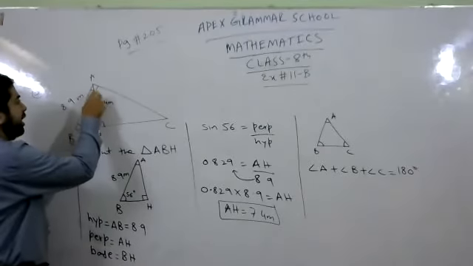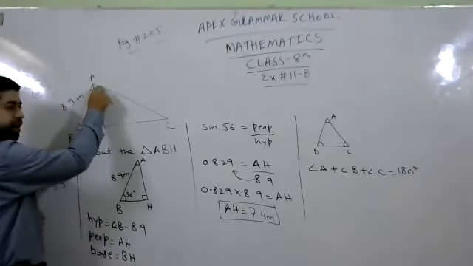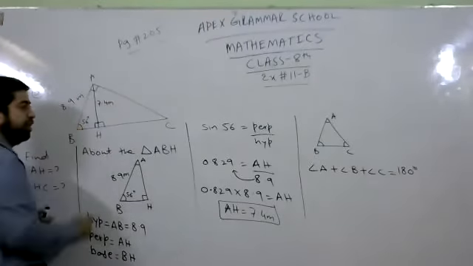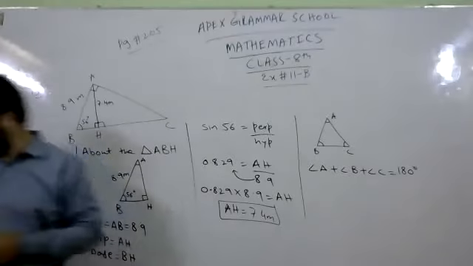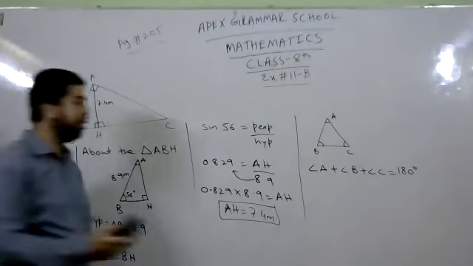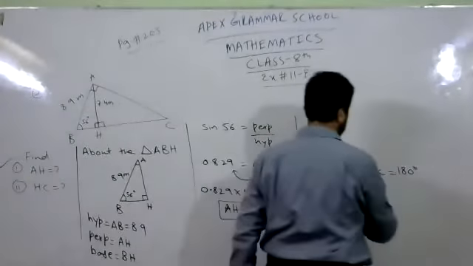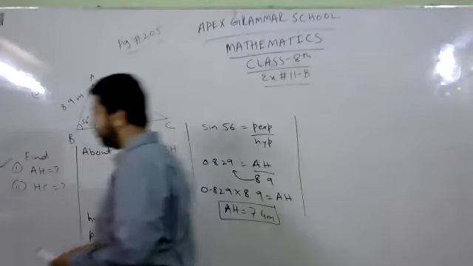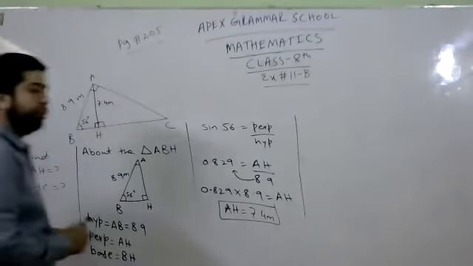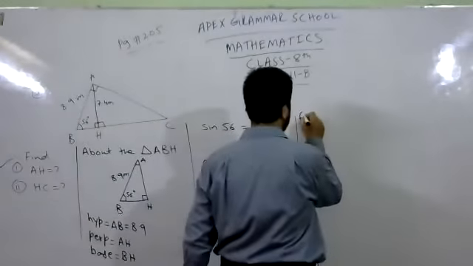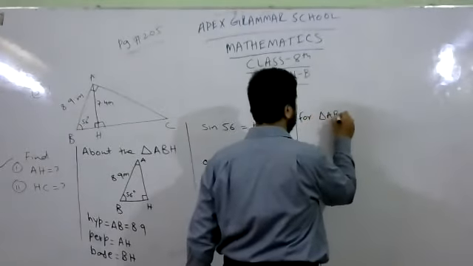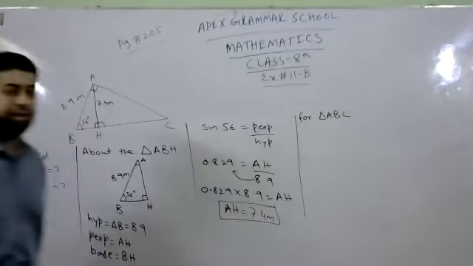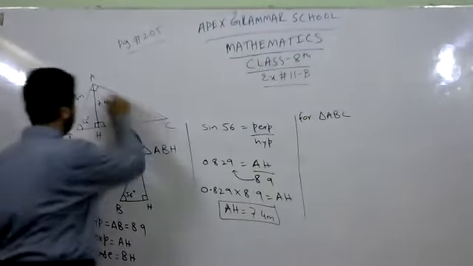How can we find angle C according to this criterion? What is angle A? Angle A is 90 degrees. What is angle B? Angle B is 56 degrees.